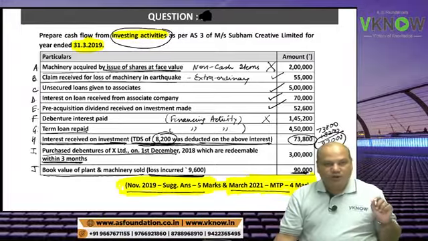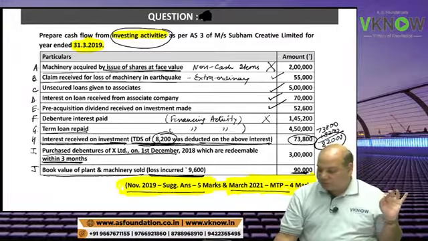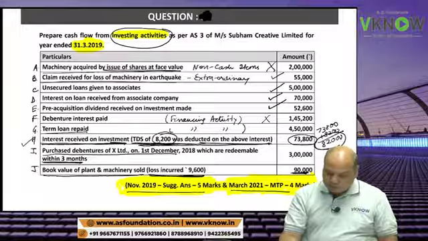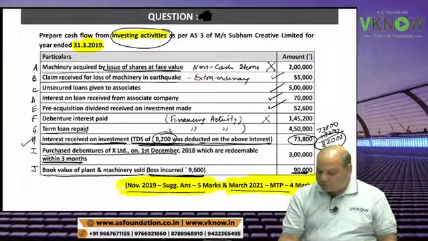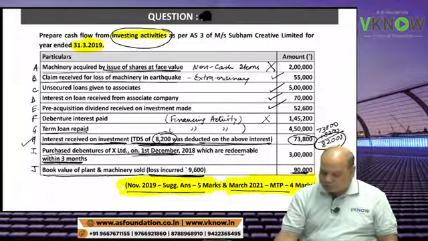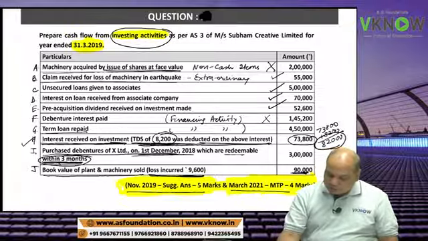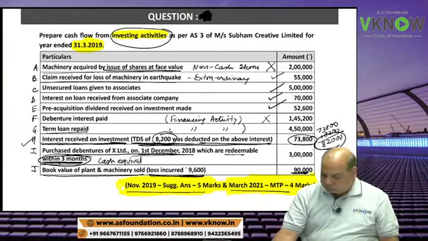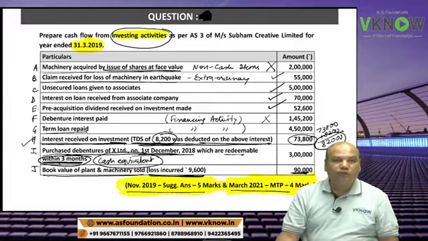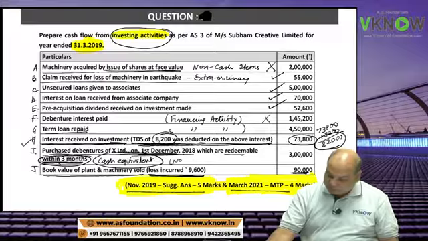So I will write separately: interest received 82,000, tax on interest paid 8,200. Next is purchase of debentures on 1st December which are redeemable within 3 months. So it is a cash equivalent, and because it is a cash equivalent, it will not form part of investment activity.